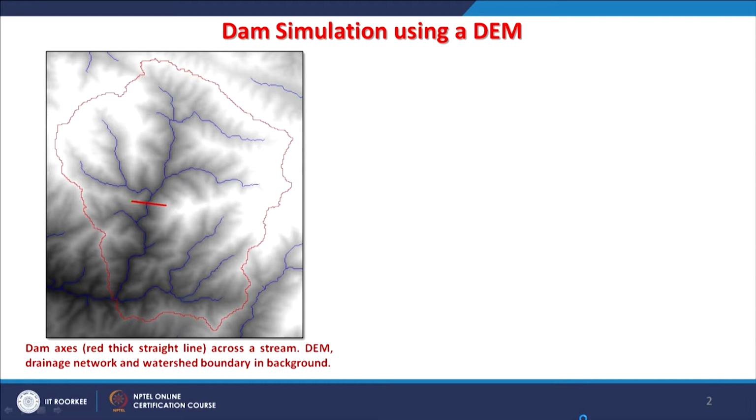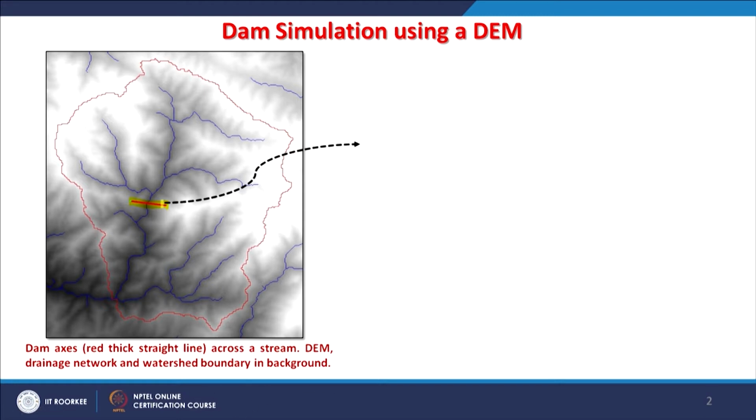For example, here we are observing a watershed, and in blue color the streams are also shown, and these streams have been derived from surface hydrologic modeling, and then a line has been drawn to indicate that here the dam or reservoir axis would be, of this much length.